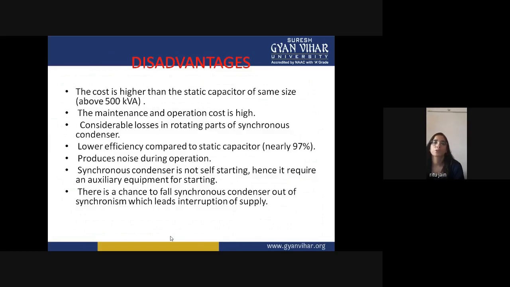It produces noise during operation. The synchronous condenser is not self-starting, you have to start it. Hence it requires auxiliary supply or auxiliary equipment to start it. And there is a chance of the synchronous condenser falling out of synchronism, which leads to interruption of supply.